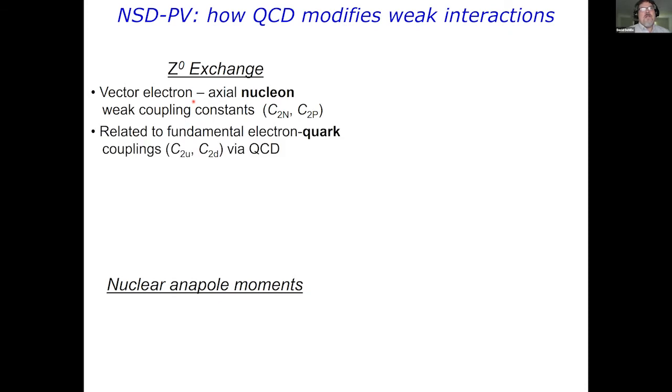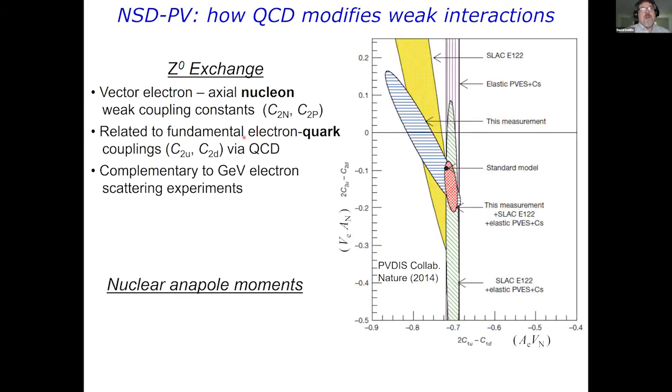These can be related to fundamental electron quark couplings using QCD again. And there's been a tremendous amount of work in this direction using electron colliders, sort of GeV or higher energy scales. And this plot shows the state of the art for this field.